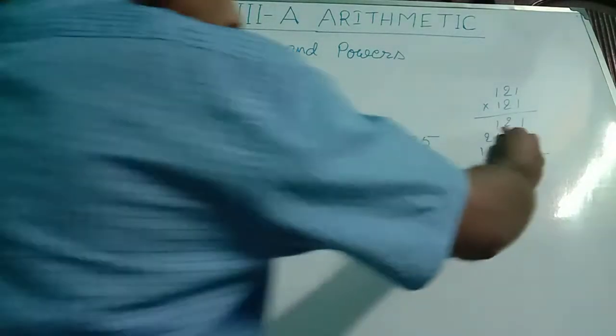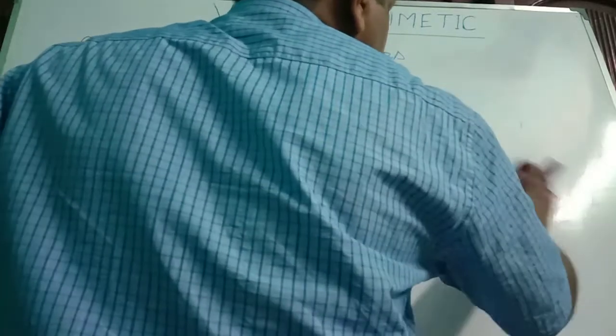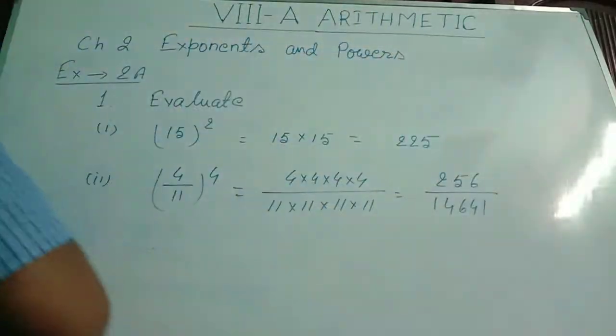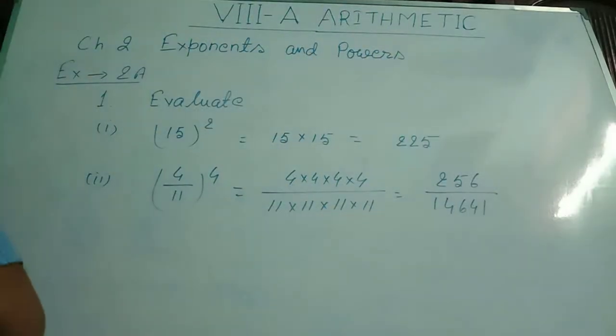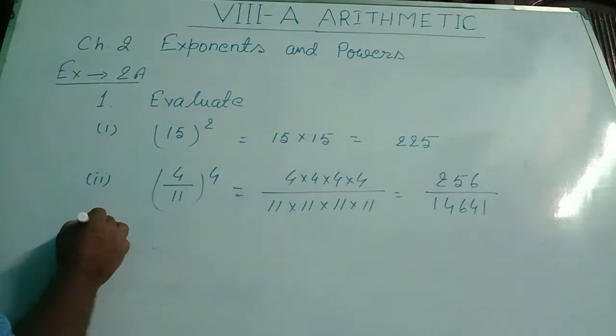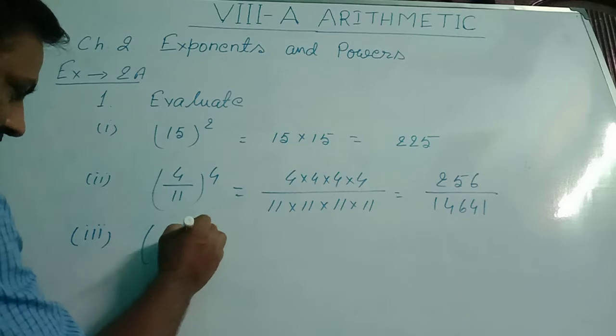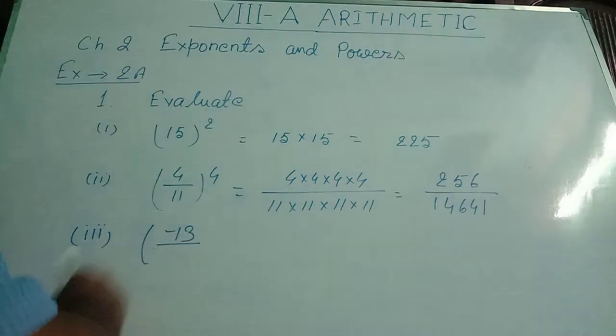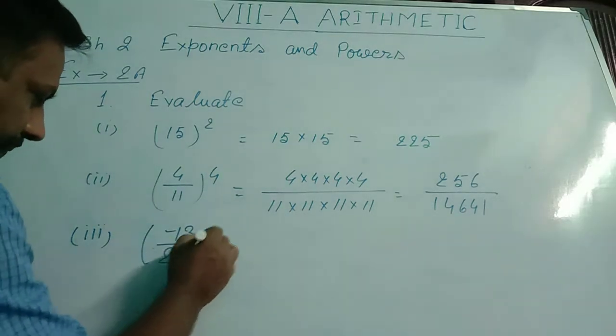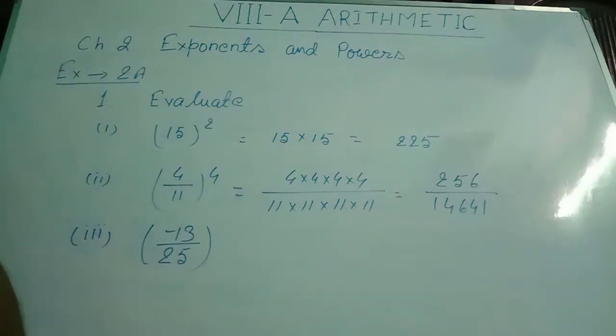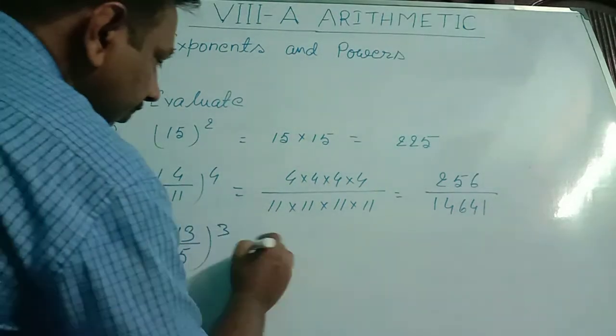Roman number 3. That is minus 13 by 25 whole cube.